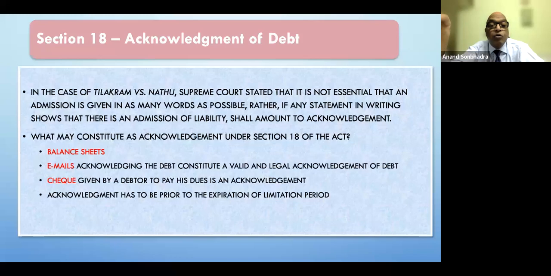Cheques given by a debtor to pay his dues is an acknowledgement. And what's crucial is acknowledgement has to be prior to the expiration of the limitation period. So if the limitation period is 3 years, then any acknowledgement, if it is given before expiration of 3 years, is an acknowledgement, and the limitation period will be taken as 3 years from the date of acknowledgement.